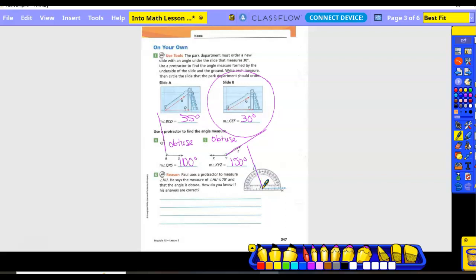Okay, well you guys still have 70, but we can't use that because it's acute. So you need to use the bigger number. So what is the bigger number? 110 degrees. So he should have written 110 degrees, right? So he's not 70, but he used the acute measurement, not the obtuse measurement.